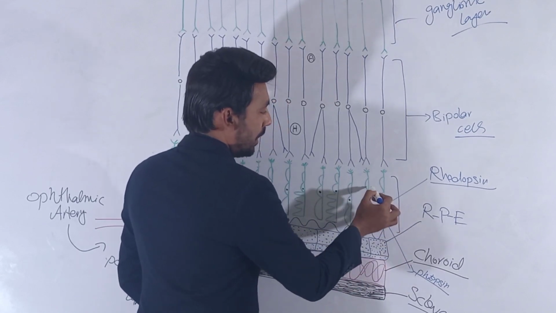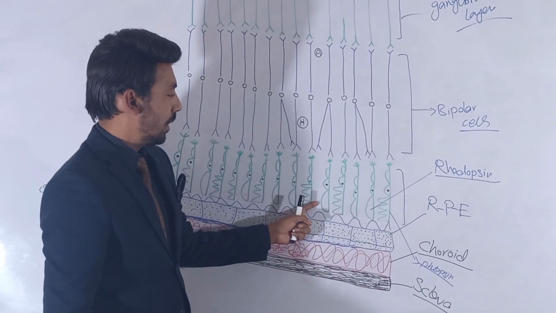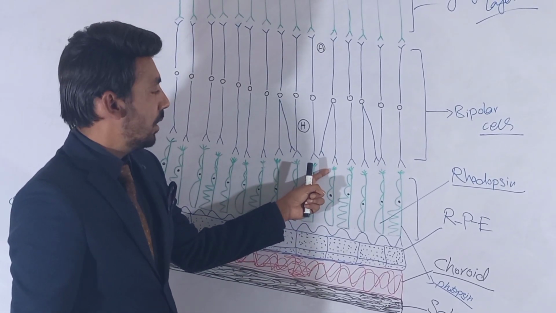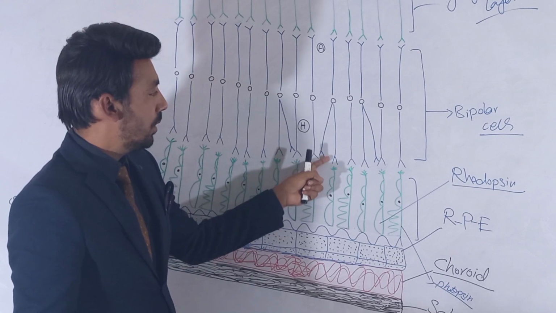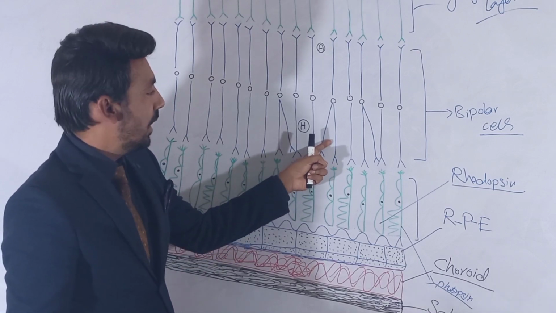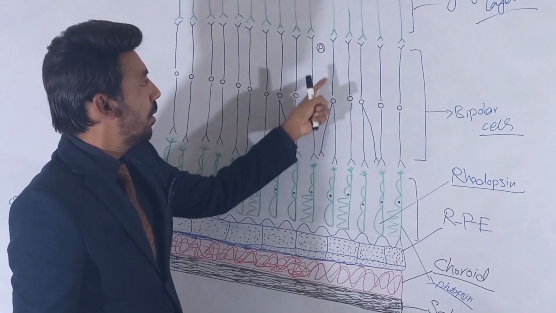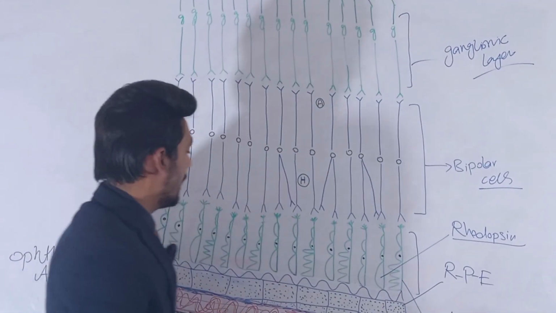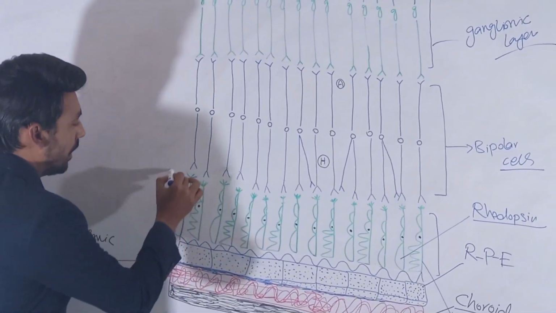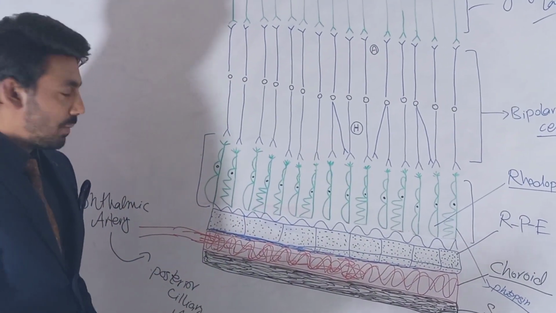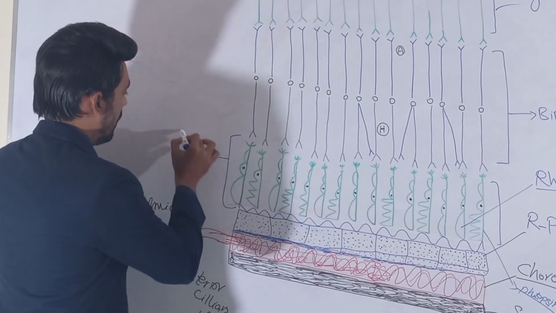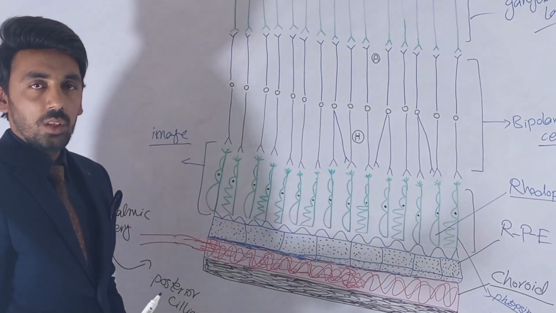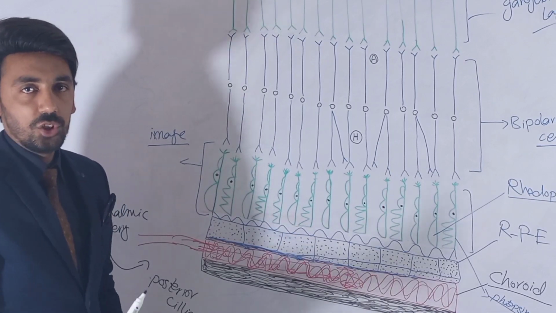First of all, the light will come into the photoreceptor cells, and then from these synaptic terminals, that light will move toward the bipolar cells, and then from the bipolar cells, it will move towards the ganglionic layer. Whenever the light is in this portion of the photoreceptor cells, it is the optical image, the local potential, the gradient potential, right?